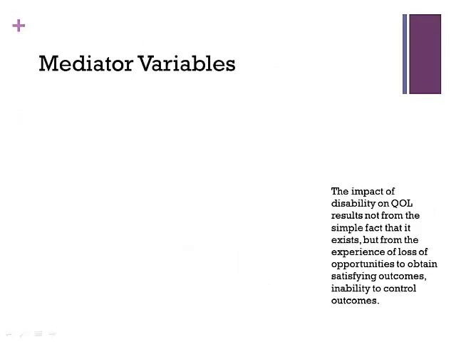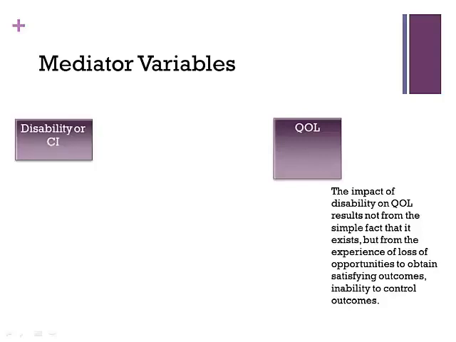So let's look at the mediator variables first. And I'm going to show you a potential relationship, and this comes from research that I do looking at psychosocial adaptation and the disability centrality model. And I'm going to start by showing you a direct relationship here, suggesting that having a disability or chronic illness affects quality of life.